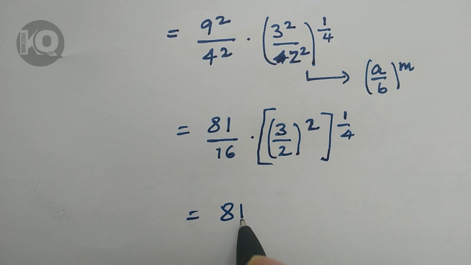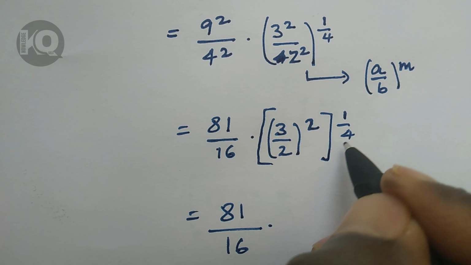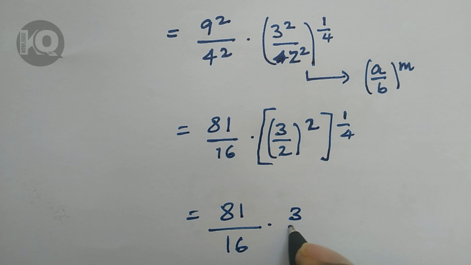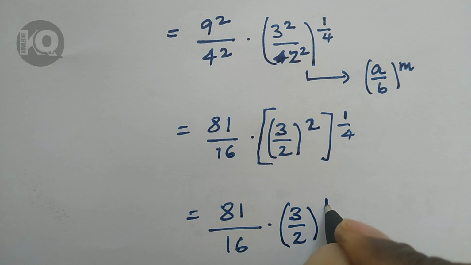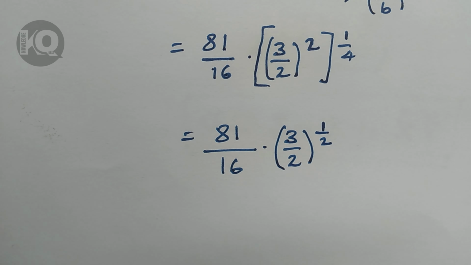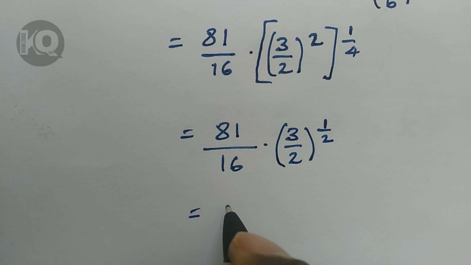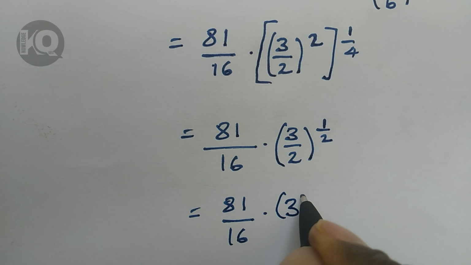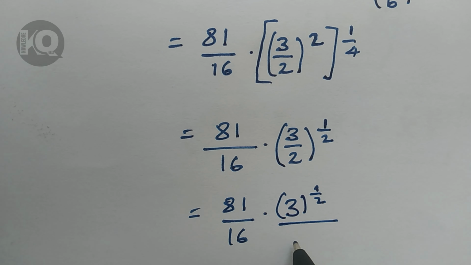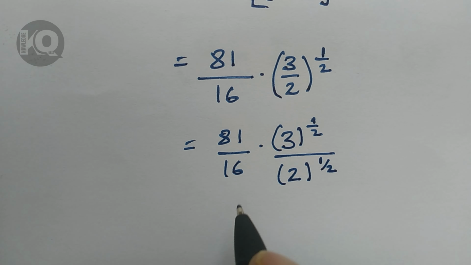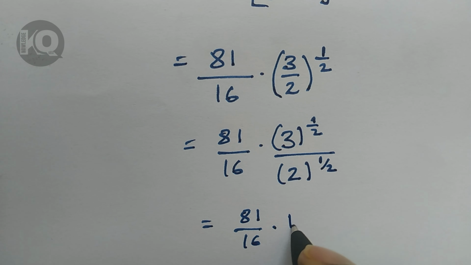So 81 divided by 16 times, this will be 4 divided by 2 is 2, (3/2) to the power of 1/2. So this term is 81 divided by 16 times 3 to the power of 1/2 divided by 2 to the power of 1/2, which means 81 divided by 16 times root 3 divided by root 2.